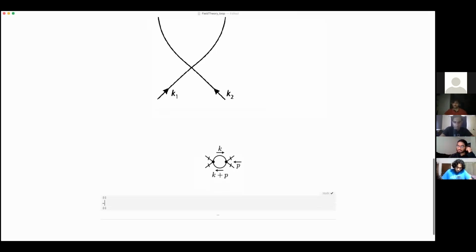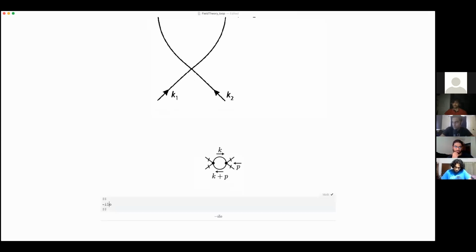Okay, so, sorry. 0 squared, because we have 2 vertices, right? I have 2 factors of i lambda.